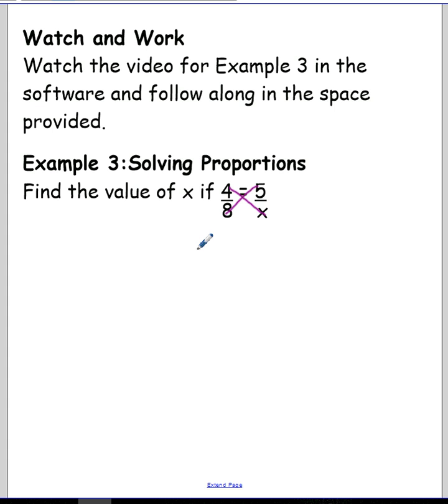And so if these are truly equal, then 4 times x is the same amount as 8 times 5, or 5 times 8. Either way you want to write that. Order does not matter in multiplication.